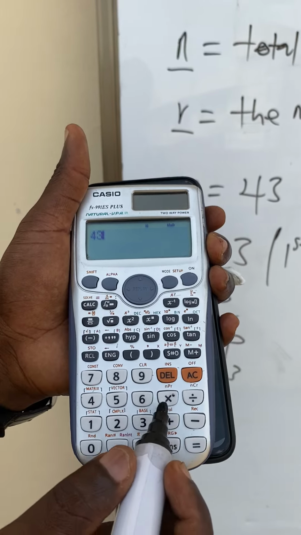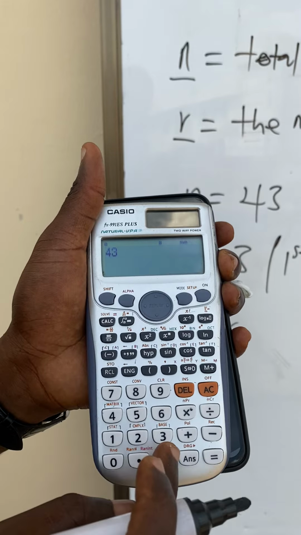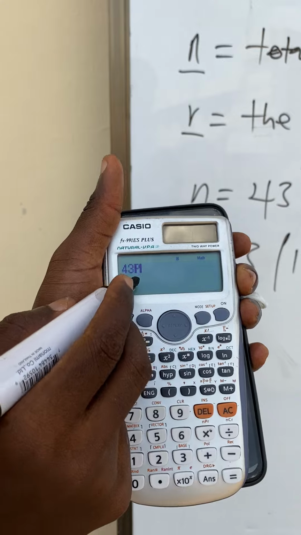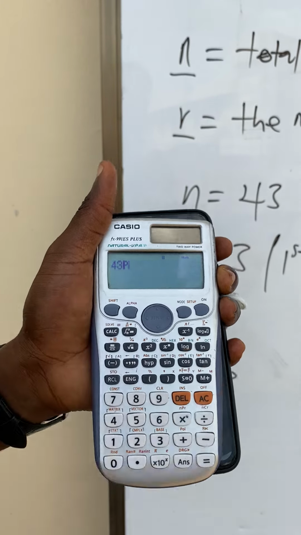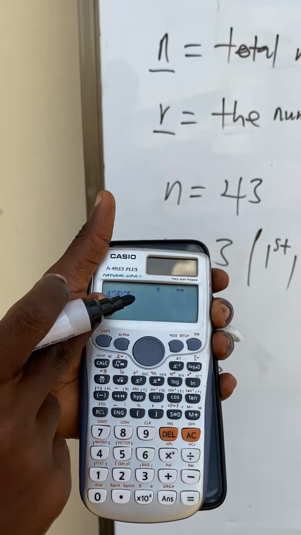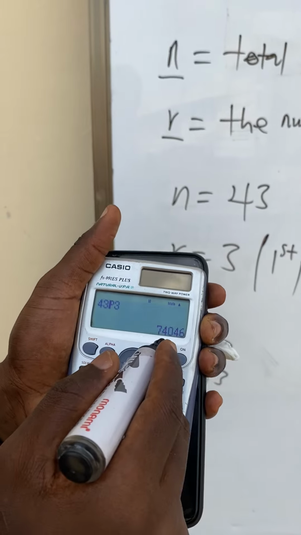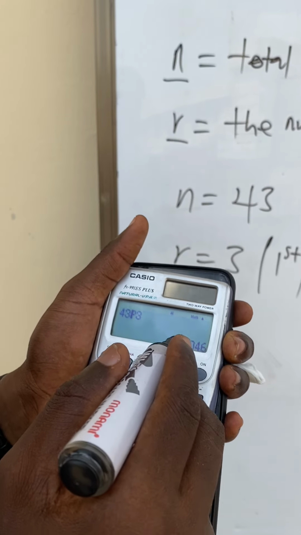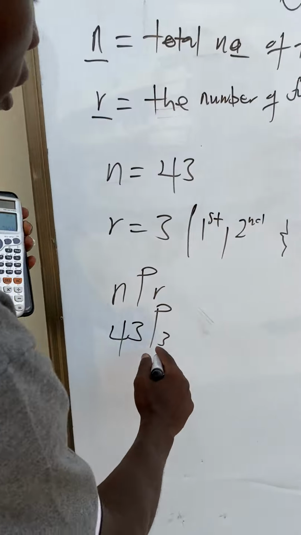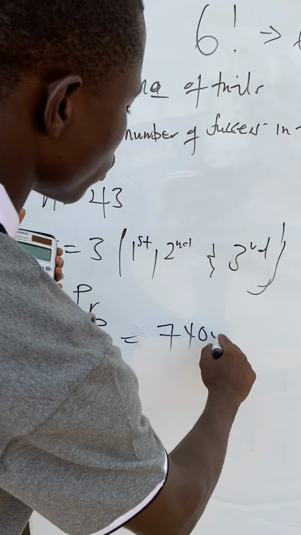To press the P, that's your permutation sign, you press shift, then you press the multiplication sign. You see we have a capital P there. That capital P is your permutation. Then you add your r, that is 3. So 43 permutation 3. If you press the equal sign, the answer is 74,046. So this becomes our final answer.